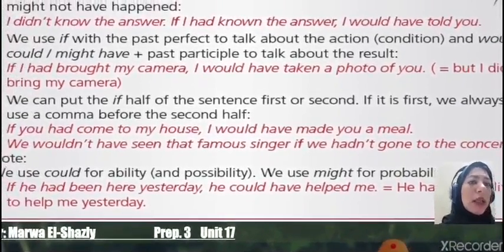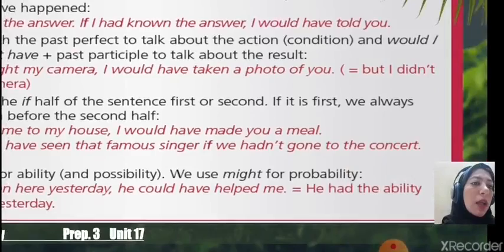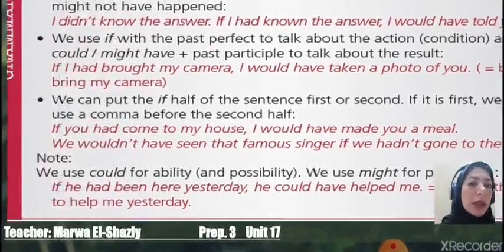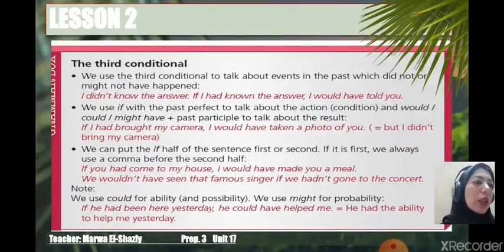That means that this person wasn't there yesterday, and as a result, he couldn't help him. But if he had been there, if this was possible, he could have helped him. Here it means he had the ability to help me yesterday. I hope the third conditional is clear now.